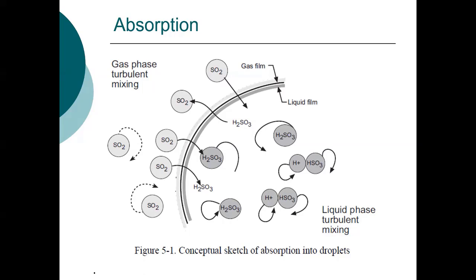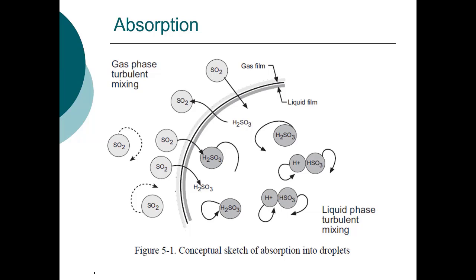So shown here is in terms of SO2, but we can think about this in terms of any of the gases previously mentioned. So we have SO2, and shown here is in the gas phase, and that SO2 molecules are then brought to the surface of a liquid film.